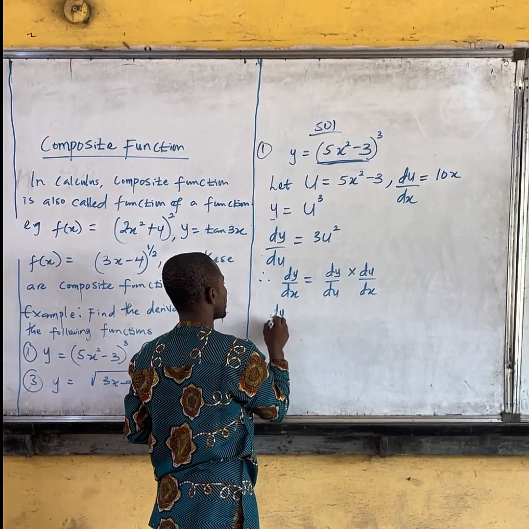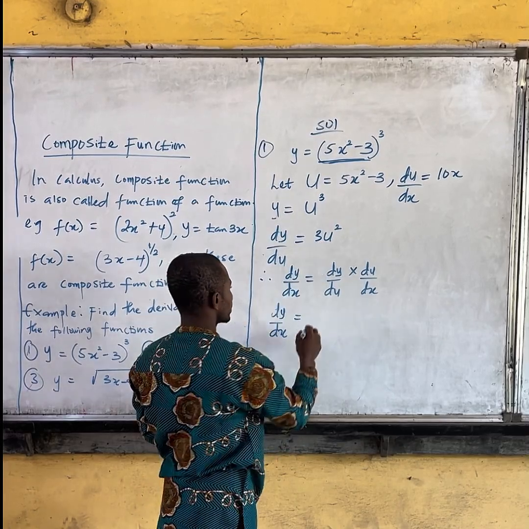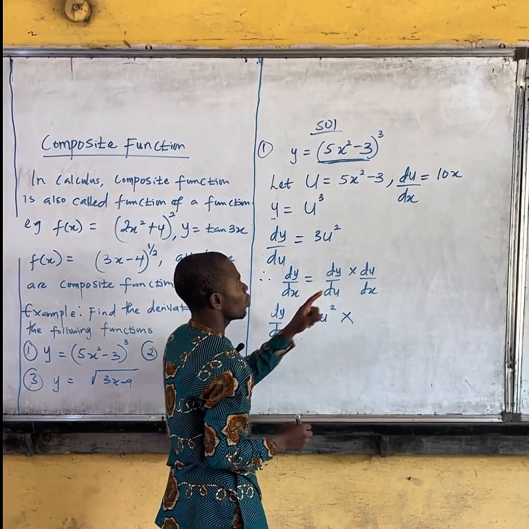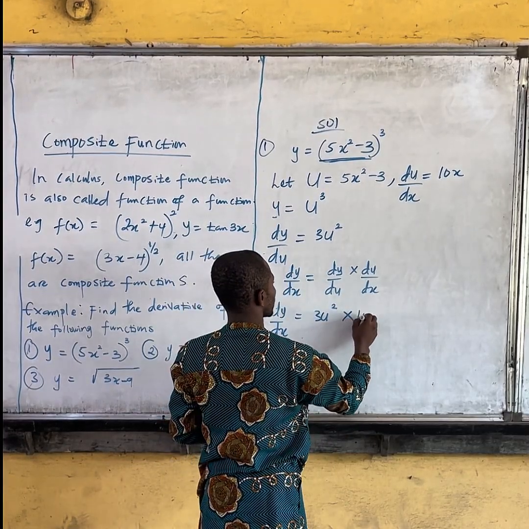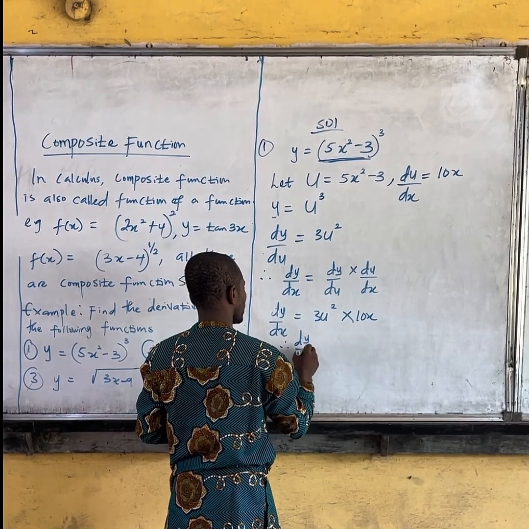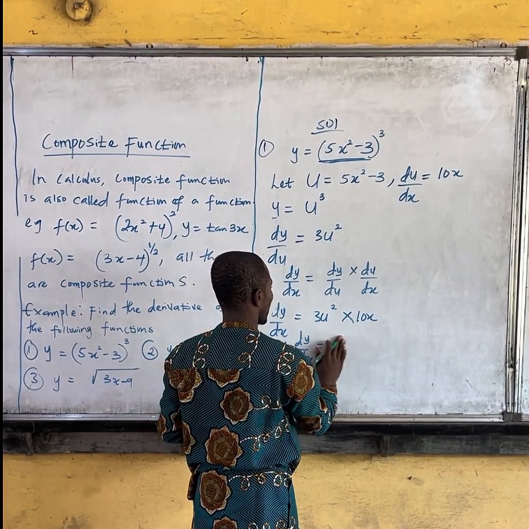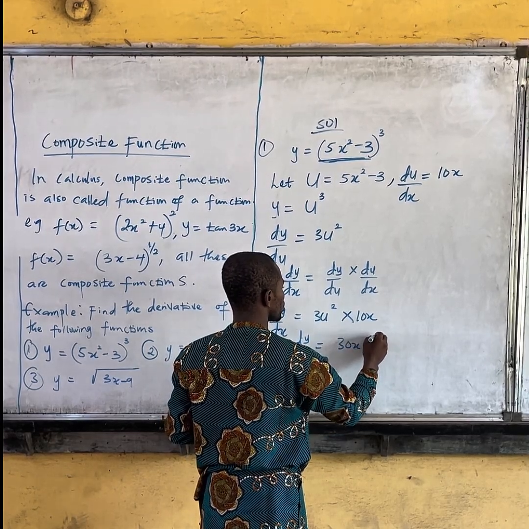So dy over dx, what is dy over du? We have 3u squared times, what is our du over dx? 10x. So in conclusion, dy over dx, 3 times 10, that is 30x u squared.